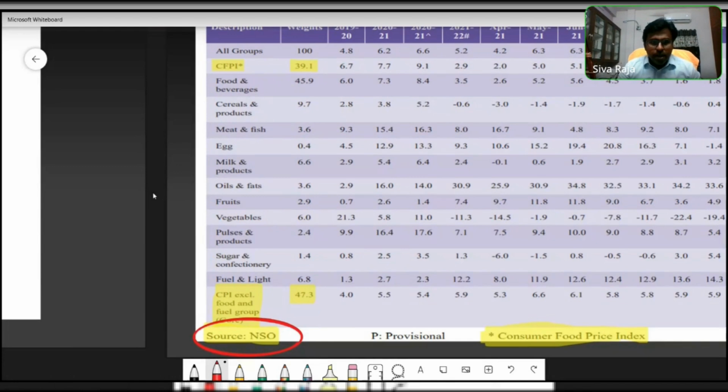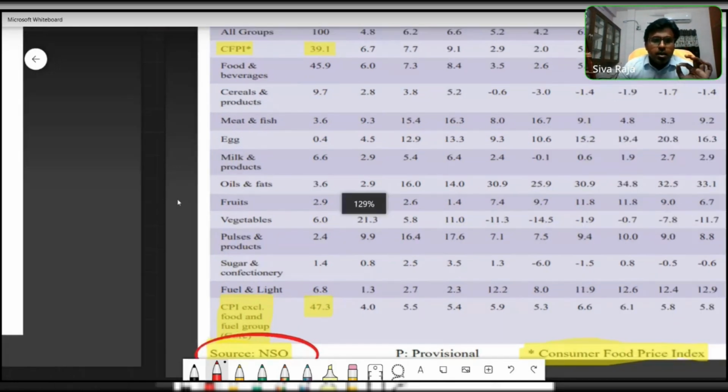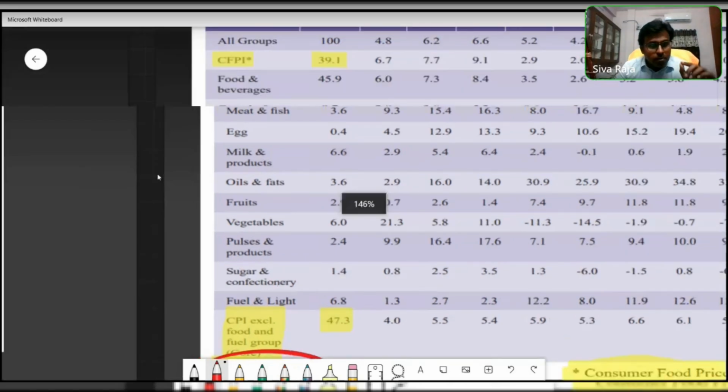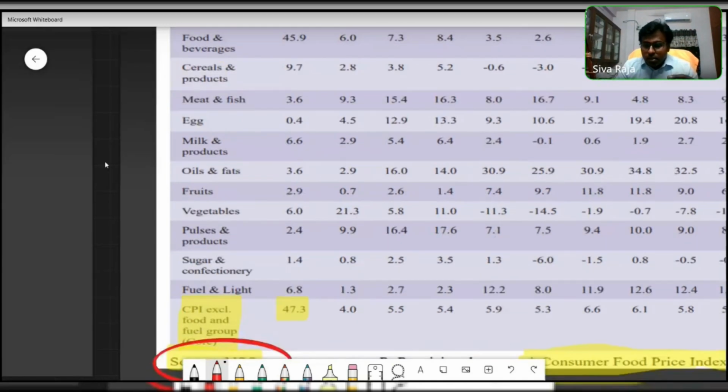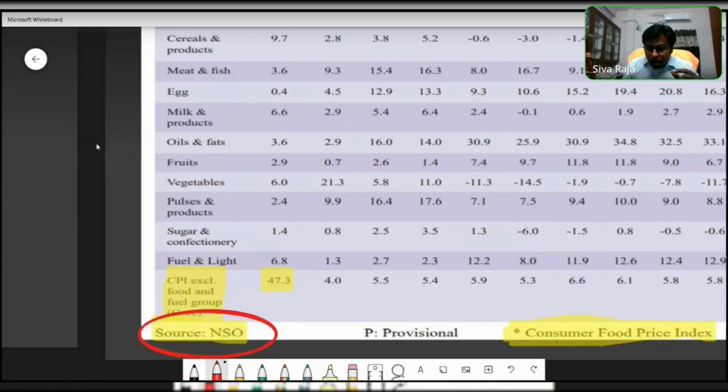Next point that you have to note is that in wholesale price index, the food component is 25%. But see here, the consumer food price or food component, look at this point. Food component is nearly high here.